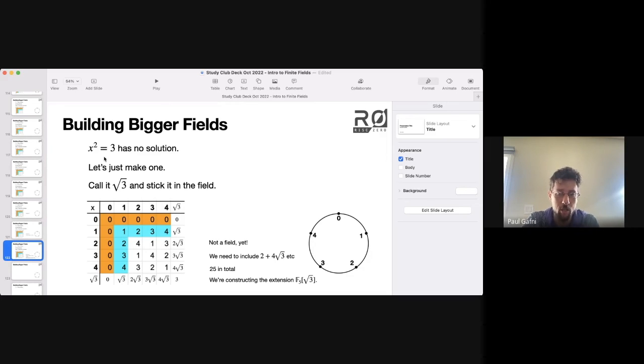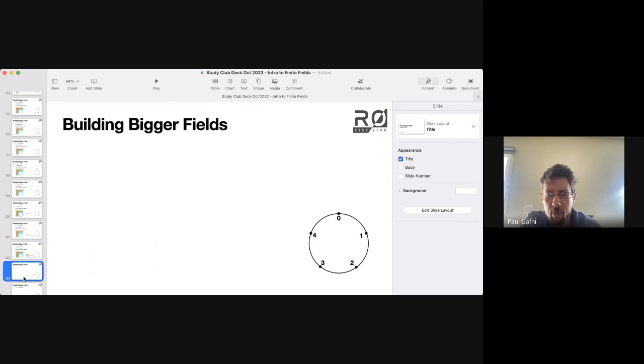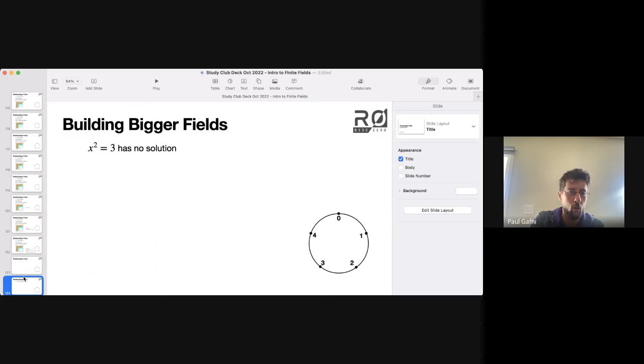The extension in more formal notation, I could call this the field of order 5 adjoin the square root of 3. This is a formal notation for a field that includes this clock, meaning it includes these 5 numbers, but it also includes a bunch of other stuff associated with the square root of 3. So to step back a little bit, we looked at one equation that didn't have a solution.